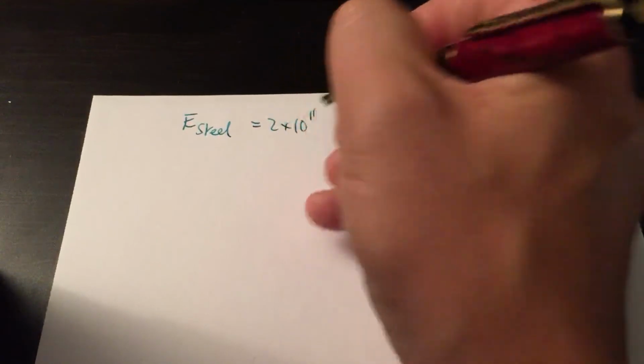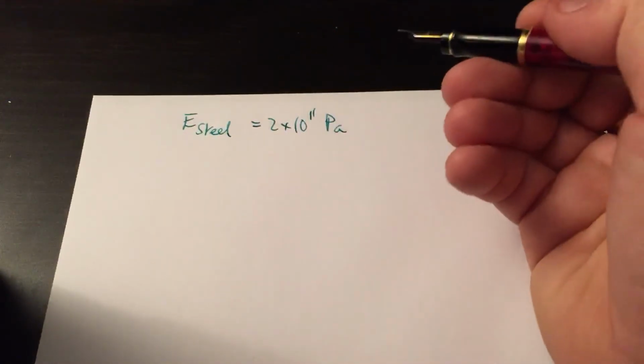Right, steel has a Young's modulus of 2 times 10 to the 11 pascals, or newtons per meter squared.